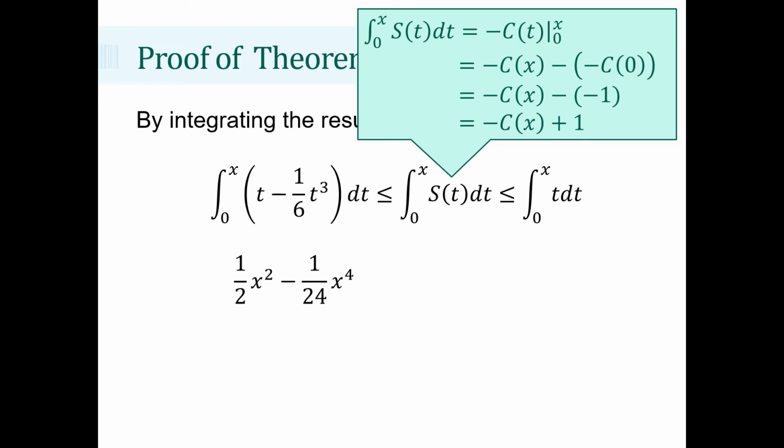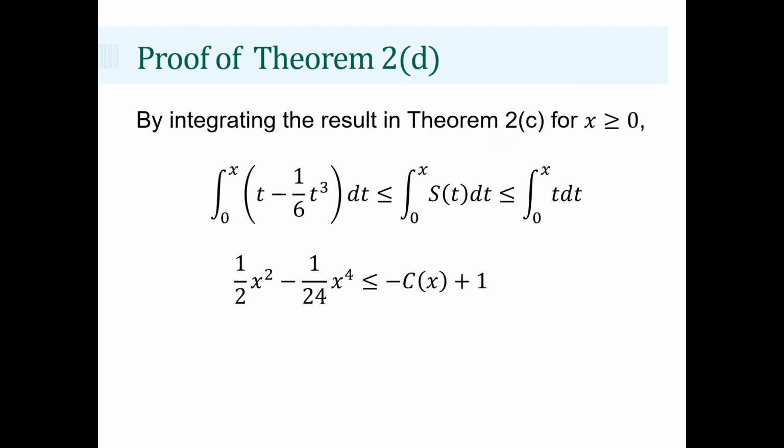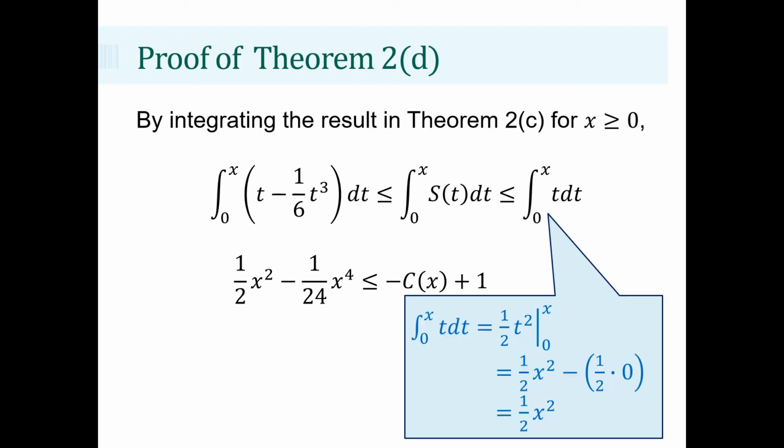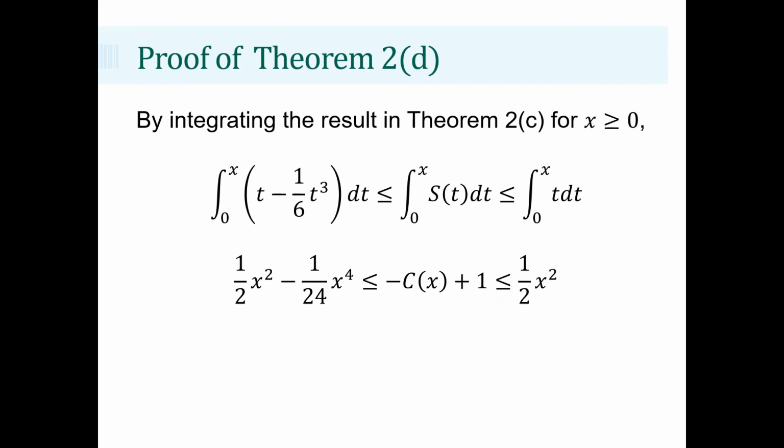So we have negative c of x minus negative c of 0. But what is c of 0? 1. So we have negative 1, or we now have negative c of x plus 1. And finally, we have the integral of t dt is just equal to 1/2 x squared.